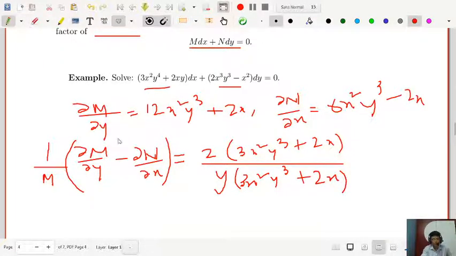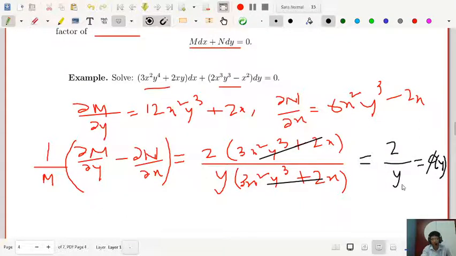You can check whether, if you substitute m, it will get cancelled or not. You can check for n also. You can easily verify that by observation only. So this gets cancelled, right? So you have 2 by y, and it is completely a function of y only.